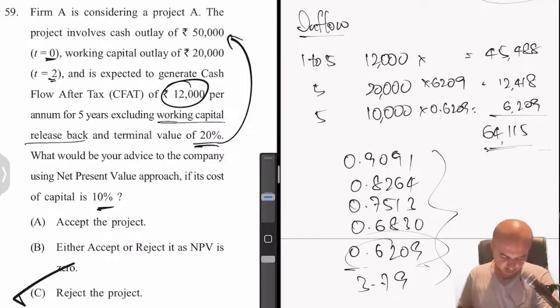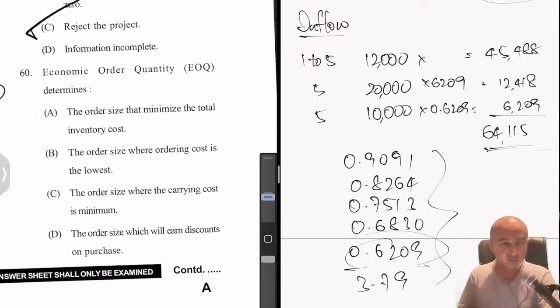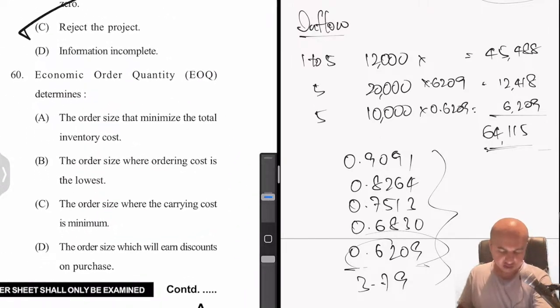Next, let's move on to the last one. Economic order quantity determines what exactly? Okay, let's see the options. The order size that minimizes the total inventory cost, the order size where the ordering cost is lowest, the order size where the carrying cost is minimum, the order size which will earn discounts on purchase.